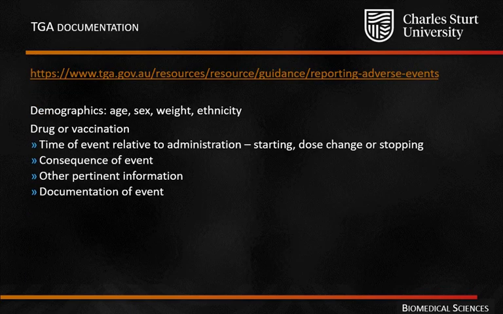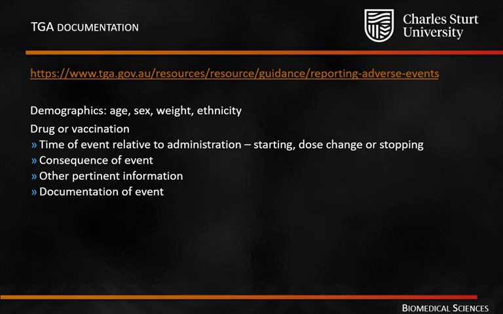So the Therapeutic Goods Administration has a documentation form that you can see the link here. And so they will step you through a number of windows that will collect the data. So starting off with the demographics of the patient, moving on to identifying what the drug or vaccination was that was given to the patient.